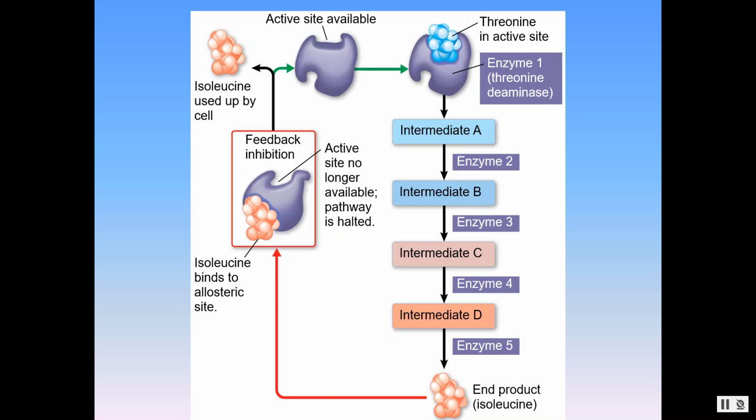So this cycle will go around and around and around, turning on and off as the cell needs the product. It's one of the classic ways that cells can turn on and off production of certain cell products. So this is a negative feedback reaction where the product of the enzyme-driven reactions actually turns off the enzyme itself.